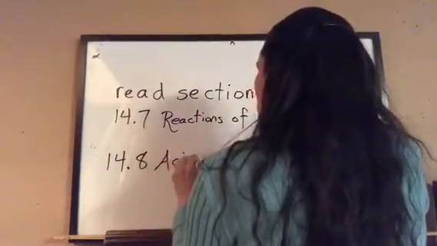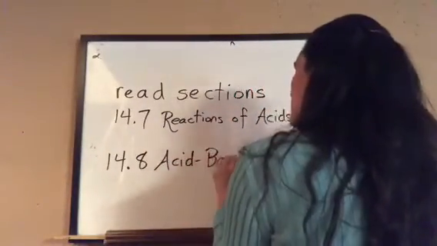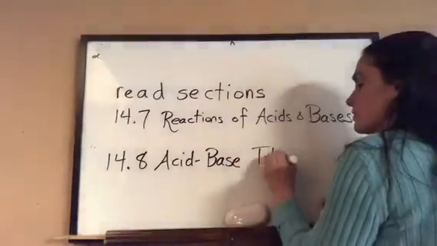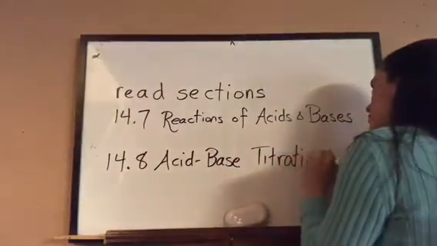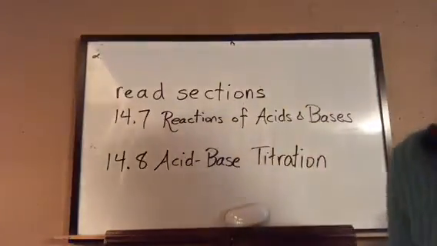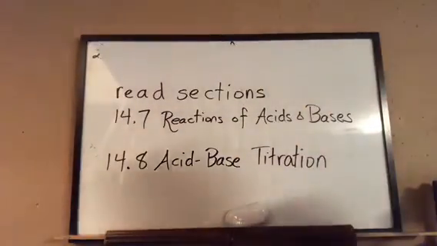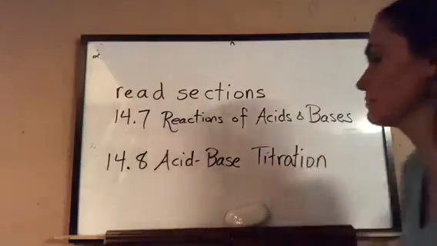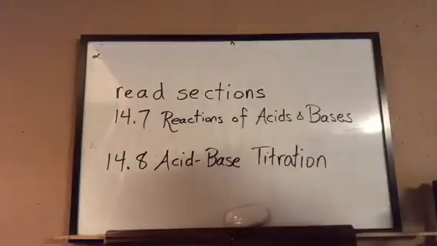And 14.8 talks about acid-base titrations. There are other types of titrations that are done. A titration is done to determine a concentration, but a lot of times in chemistry, especially introductory chemistry and general chemistry, we focus on the acid-base titration. So just read those to conclude chapter 14.